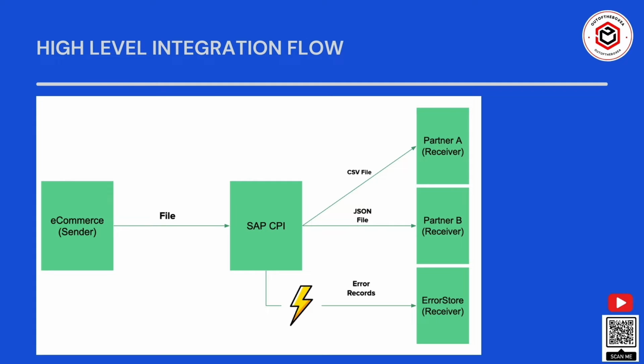In SAP CPI, we have a requirement to send the message to partner systems at the same time in CSV format and JSON format. Also, there is a need for XML validation in SAP CPI. In case of validation failure, SAP CPI has to trigger an exception and write the error records to an error store. So at a high level, this is a file-to-file interface and a one-to-many interface.